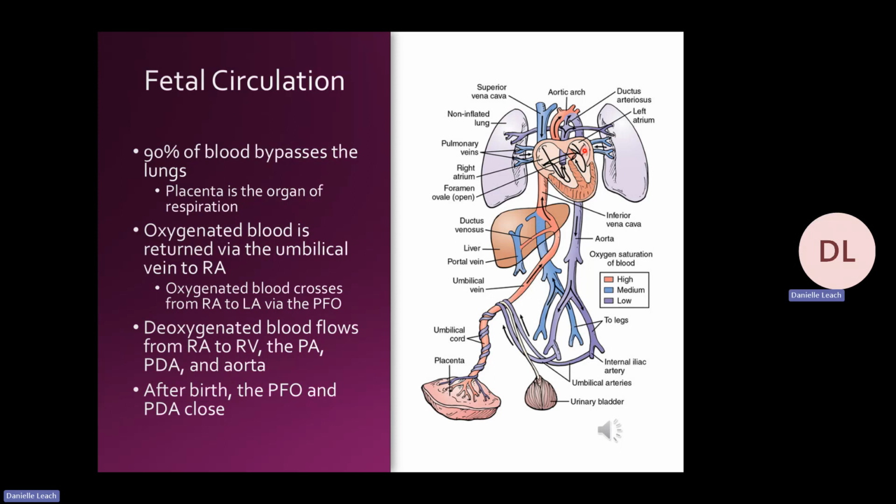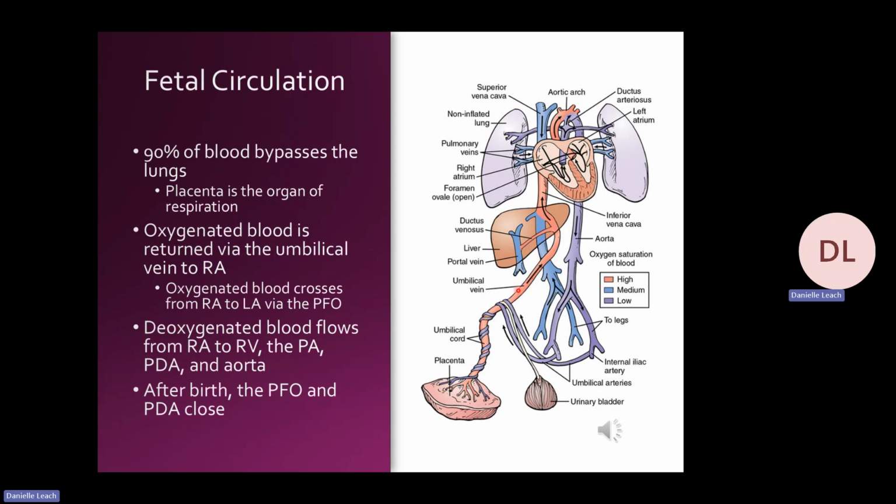Another one that's not necessarily typed out on your slide, but it's down here, is the ductus venosus. Similar function. It's a separate pathway that allows blood to bypass the liver because we're not using our liver to filter our blood when we're in the womb. We're using the placenta.